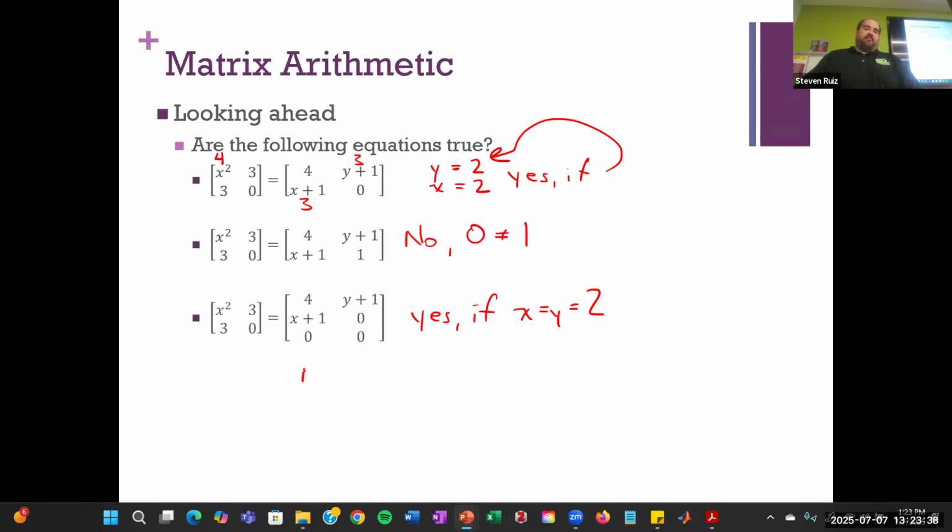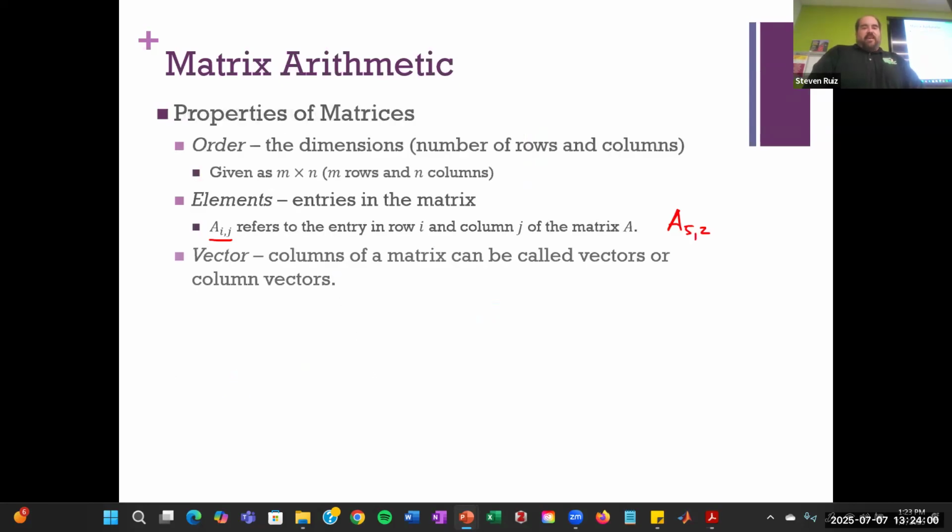What is B31? Assuming this is B. This is A. What is A31? Doesn't exist. Because of that, for matrices to be equal, they have to be the same what? Same size, same order, at the very least. If they're not, then we can't even ask that question.